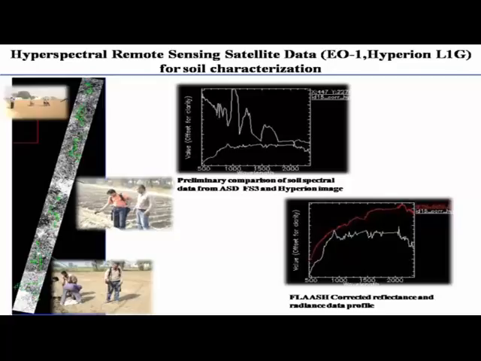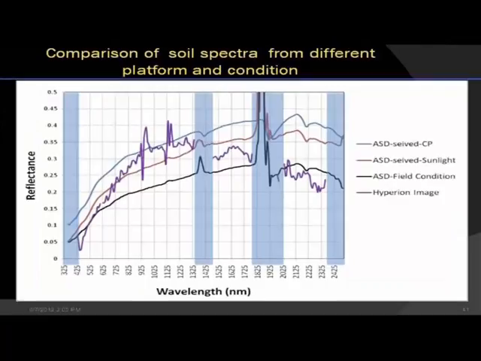What I mean to say is, unless you correct the satellite data, and also integrate the 10 nanometer data into only 158 bands using the sensor response function of Hyperion's 158 bands, one cannot compare with the satellite data.